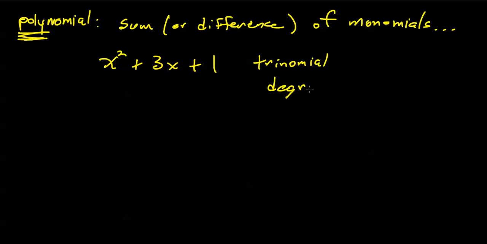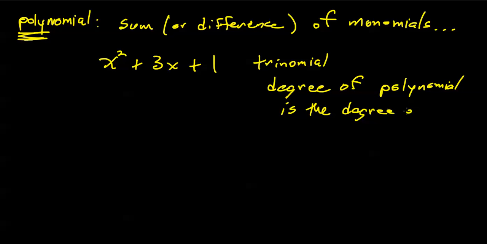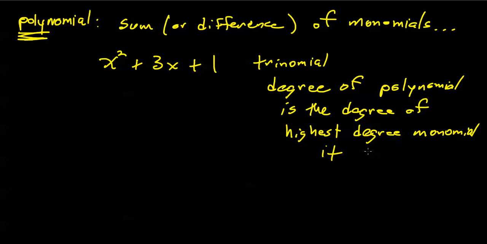Now, classifying trinomial or polynomial degrees is a little bit different. What degree is this polynomial? Well, the degree in general of a polynomial is the degree of the highest degree monomial it contains.